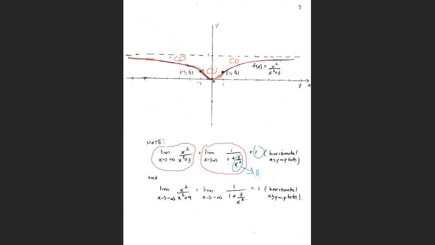And so that's a horizontal asymptote on the right. So going to the right, there's a horizontal asymptote at y equals 1. But similarly, as x goes to negative infinity, we also get the same horizontal asymptote. So now we've graphed this rational function strictly using calculus and some basic principles.